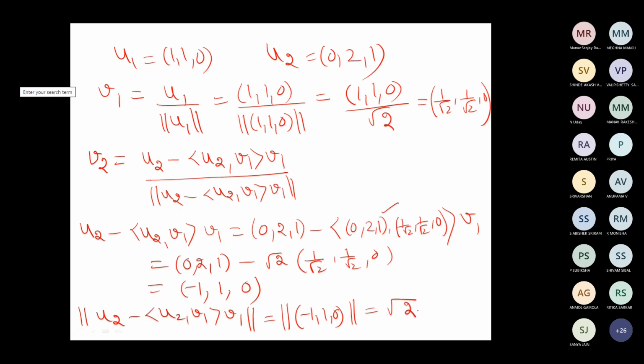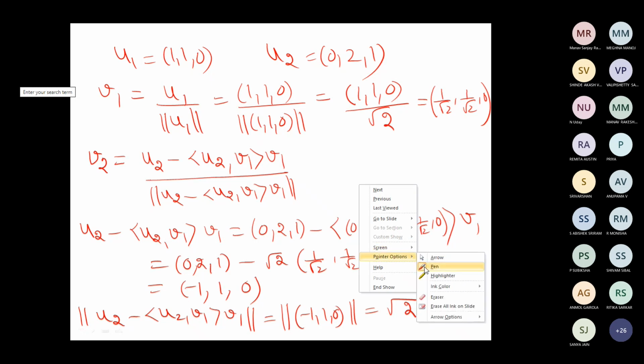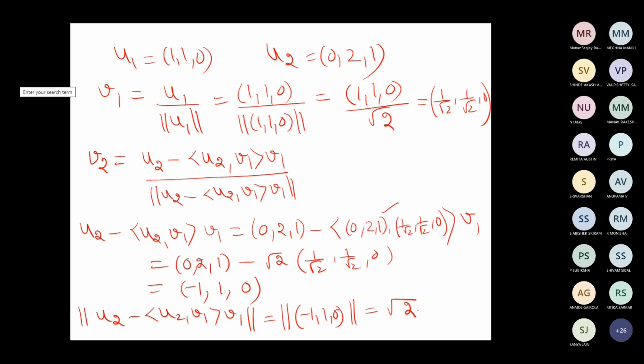Ma'am, that should be minus 1, 1 and 1 instead of 0. Yes, sorry, correct. So it should be (minus 1, 1, 1).